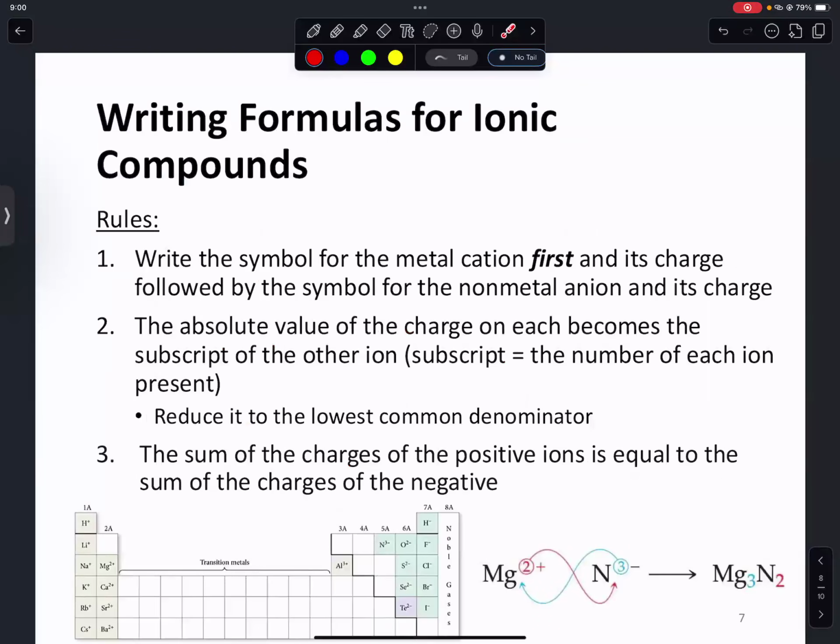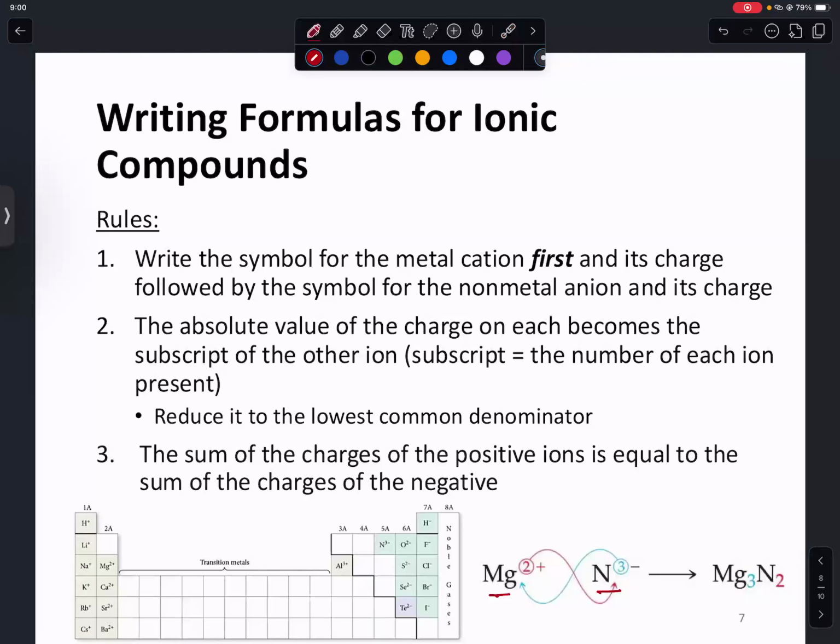Now let's see how we can write formulas for ionic compounds, and then we'll be working on examples. First of all, to write the formula of an ionic compound, in this example I'm going to use magnesium and nitrogen.